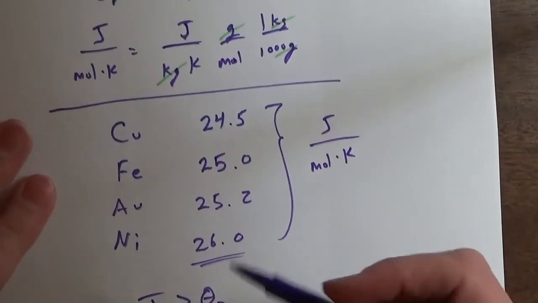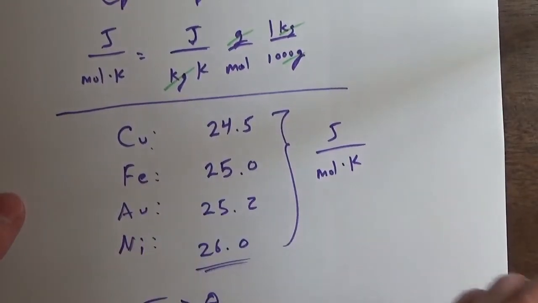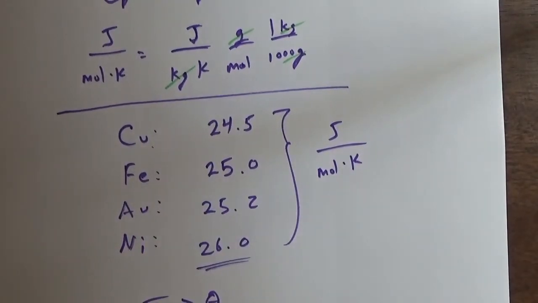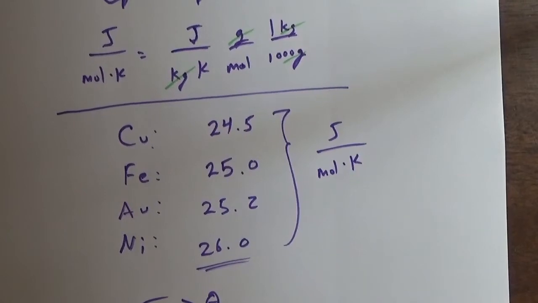Another thing is that copper, iron, gold, and nickel are all good electrical conductors, which means that the number of states available near the Fermi level is relatively high for all of them. If instead of, say, nickel, we put in something such as tungsten, which is not a good electrical conductor, then you might see some variation, and you'd probably have a lower heat capacity.